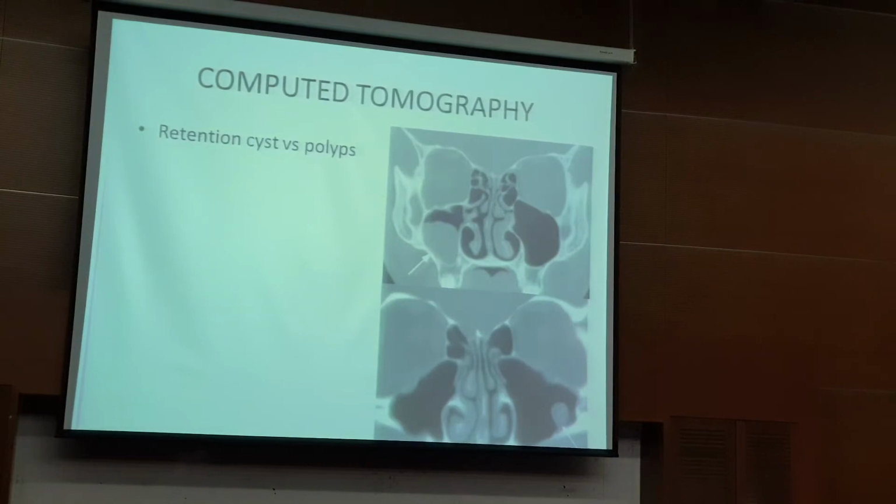Okay. The drawback of CT: if you look at these two cases, this is a retention cyst and this is a mucosal polyp. If we do bone setting on a CT scan, especially for pre-surgery, we usually would do it on a bone setting. We won't be able to tell you what this structure is. So the best thing to differentiate these two would be doing MRI.